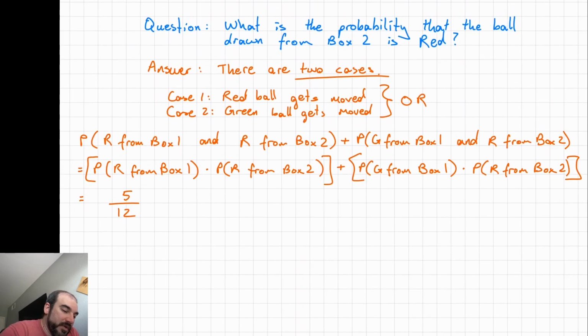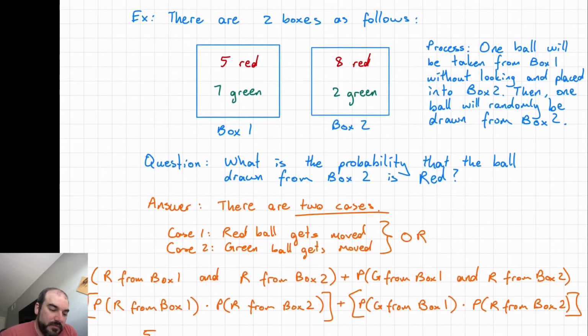Now, when we do the second part of this from box 2, we're going to assume that a red was moved from box 1 to box 2. So what is the probability that we get a red from box 2 in this scenario? If a red is moved from box 1 to box 2, what is the probability that we get a red from box 2?